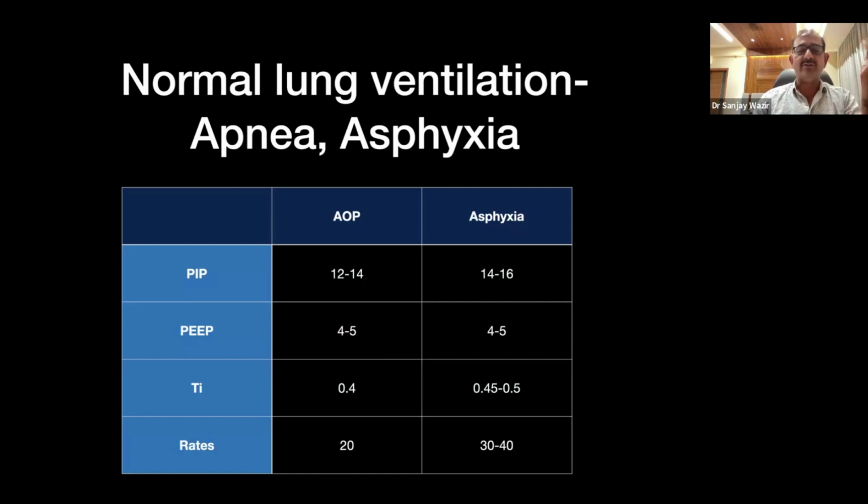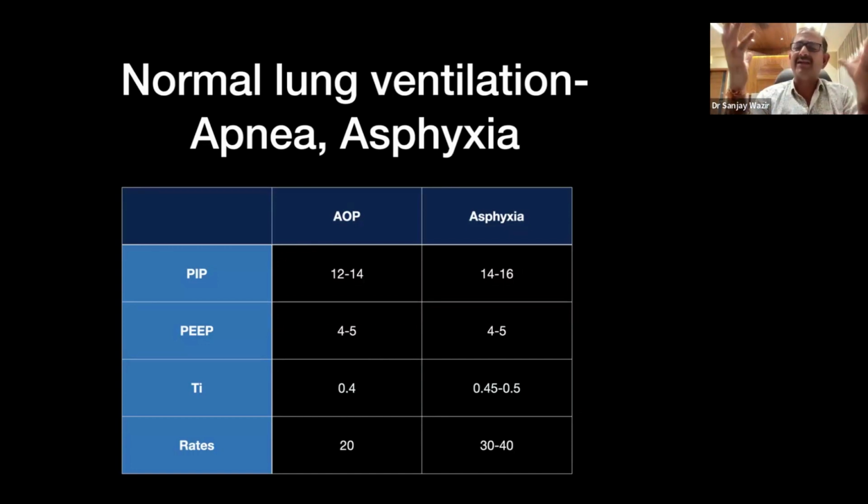In these scenarios, you use very baseline settings, for example in apnea of prematurity somewhere around 12 to 14, with 4 to 5 PEEP. In a normal lung, the time constant is higher. So if in HMD you keep an inspiratory time at 0.35, for example, in a normal lung you keep it somewhere between 0.4 and 0.45.